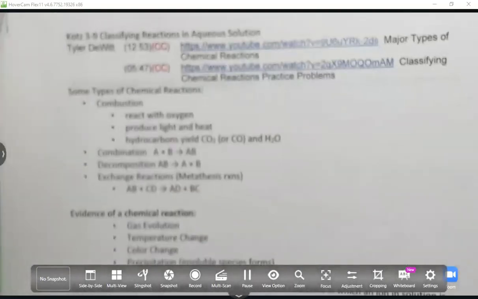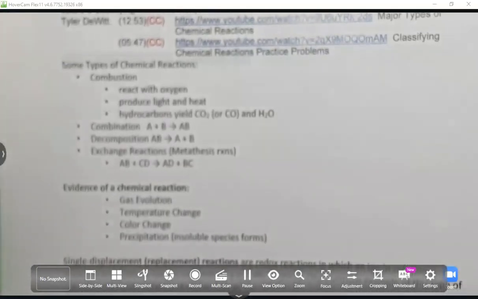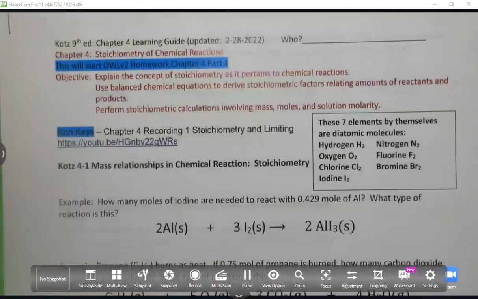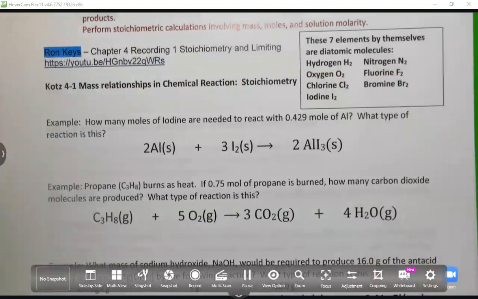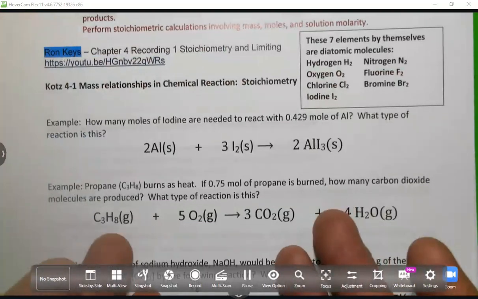And right here is kind of the summary for reactions. Now, we also did moles. We did grams to moles, moles to grams, and so on. So now we are going to put the numbers to the reactions, which is stoichiometry. Stoichiometry or stoich is taking reactions and really putting the numbers to them.